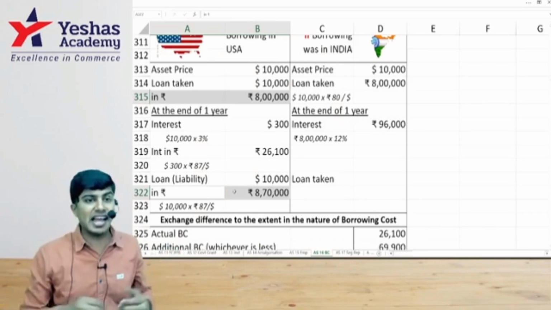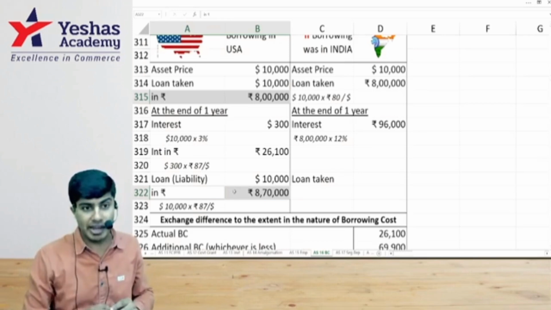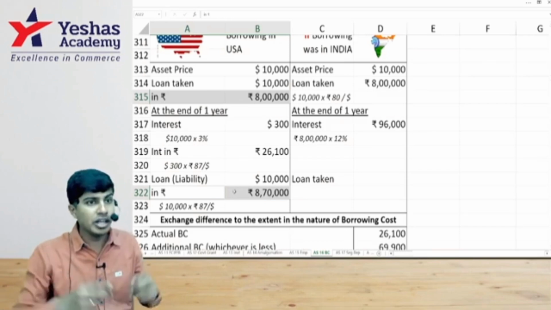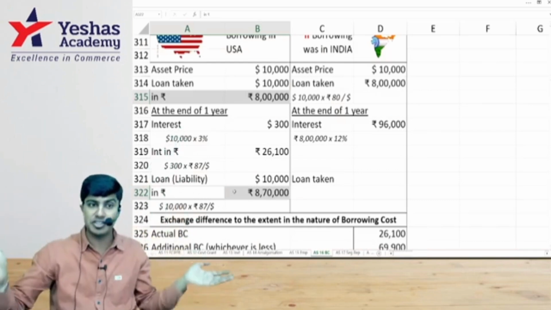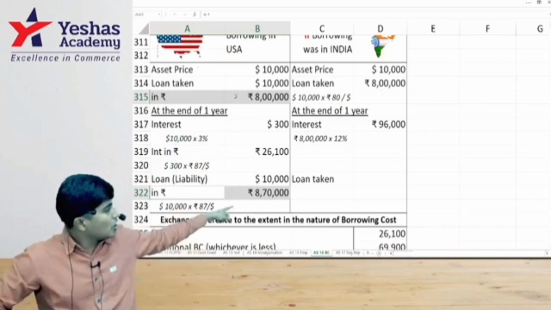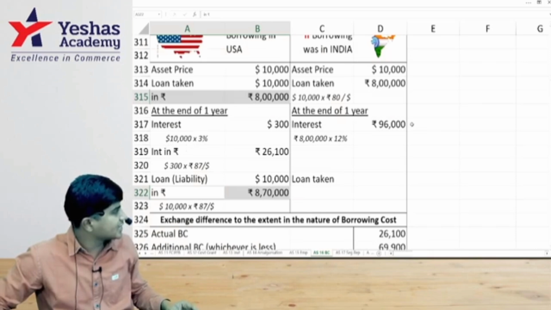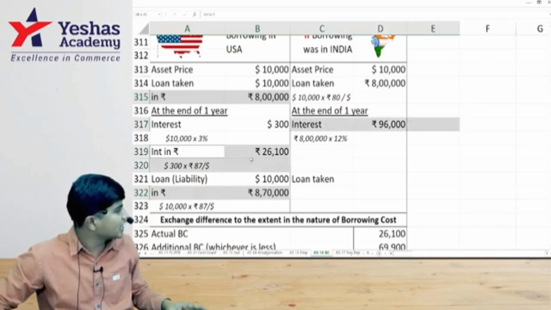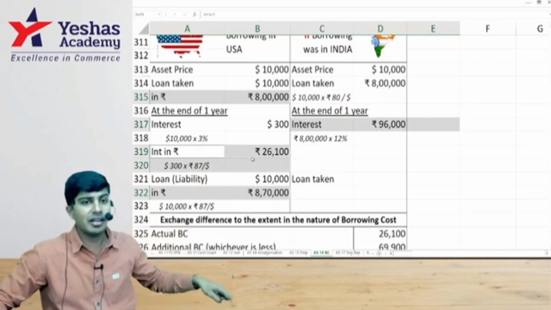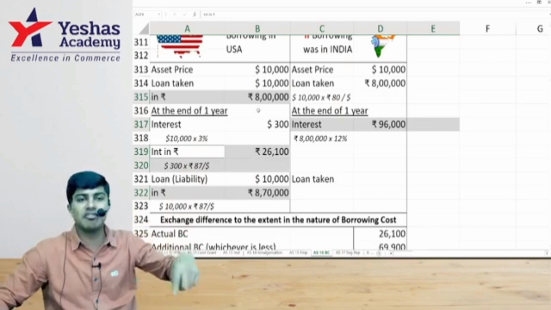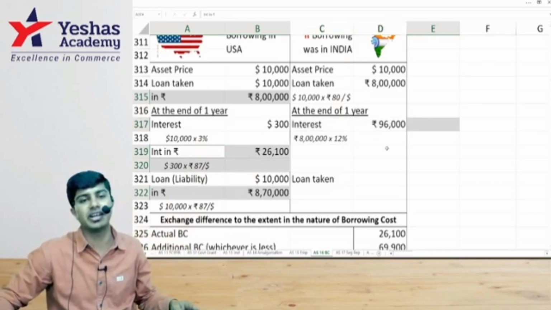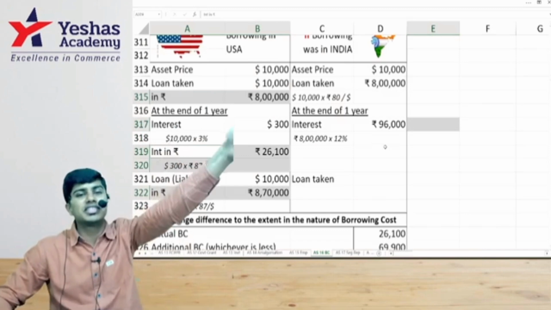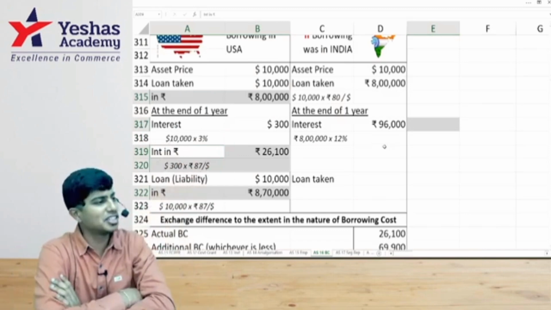Usually we think 8 lakh rupees of foreign currency loan became 8 lakh 70,000, and the entire 70,000 increase is our foreign exchange difference. No. Because this interest should have been 96,000, but we have reduced the interest from 96,000 to 26,100, and because of that, foreign exchange difference has arisen. So borrowing cost can be taken to the extent of 96,000. Only beyond that, if there is something, that will become foreign exchange difference.